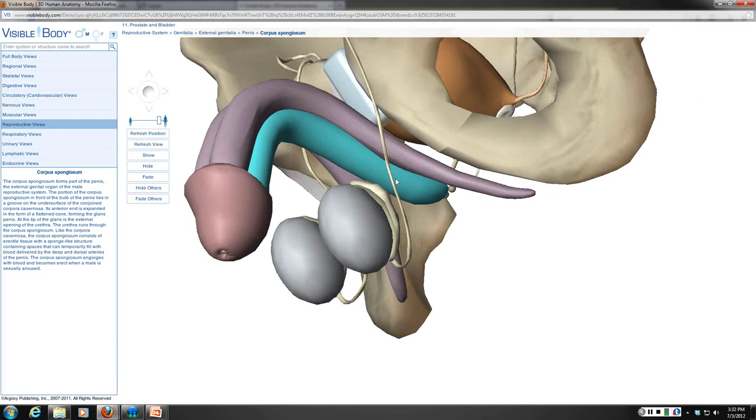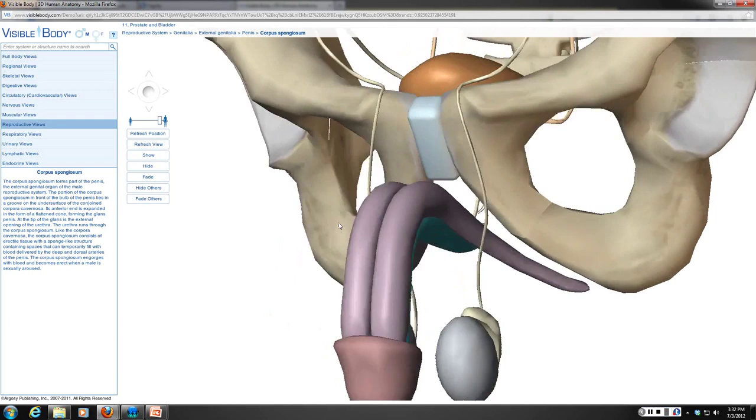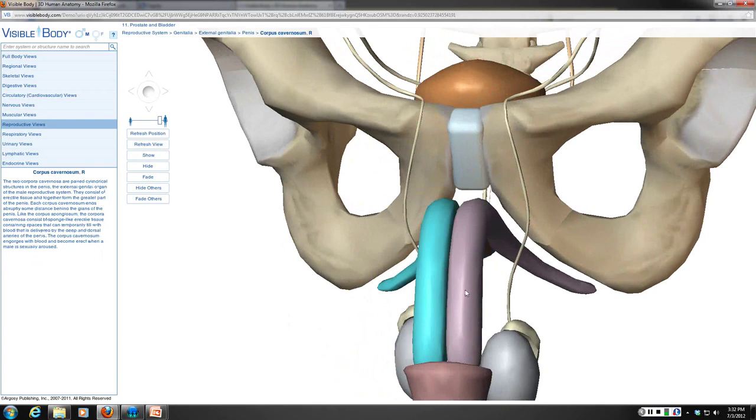So that extends all the way toward the very back and internal, inside the male's body. And then up on top, you have two. Each of those is a corpus cavernosum, and the two together are the corpora cavernosa.